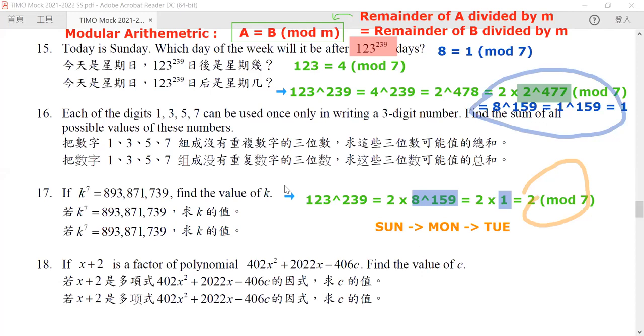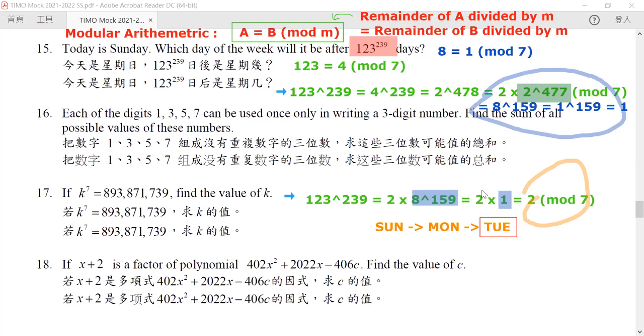That's why I do not use a rectangle to emphasize the answer. Don't think that after all the calculation of the remainder, we are done. No, we still need to give the day of the week.